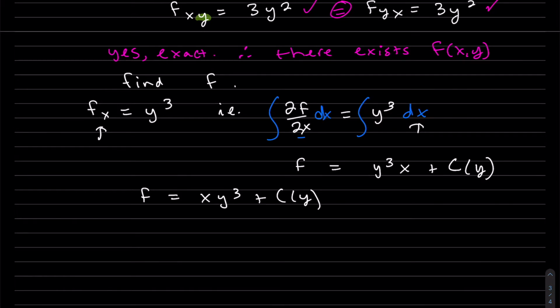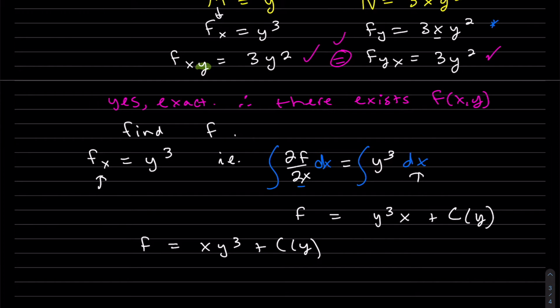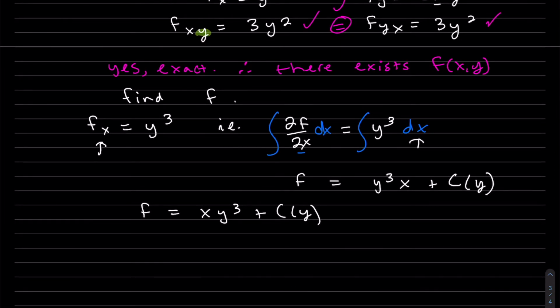So let's keep going. We've already used this, now we need to use this one. Now we're going to find f of y. So this is our function, and we want to find the partial in terms of y. So we're taking the derivative in terms of y, and x is treated like a constant. So this is 3xy squared plus c prime of y.